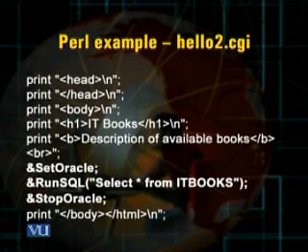If we are using an Oracle type of database, then the syntax says that I write ampersand set Oracle. Then in the next line, ampersand run SQL. And within the small brackets and in the double quotation marks, you can see I have typed an SQL query, that is a select query, which runs select star from IT books.